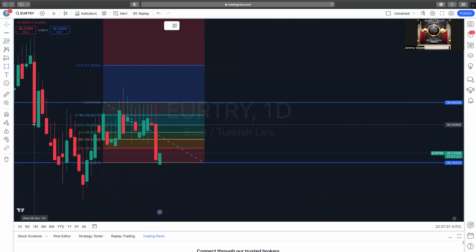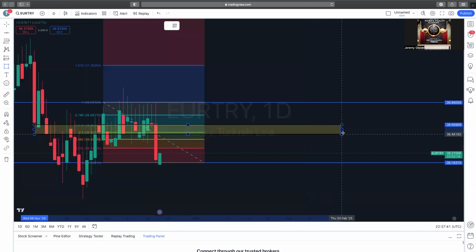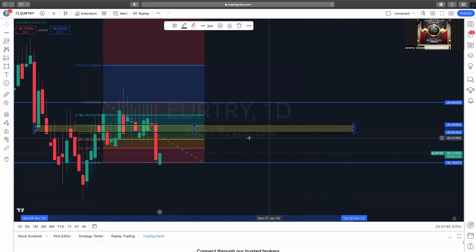So what we like to do is mark that zone. Where could price technically come to? Now, mind you, price doesn't always come up there, but the majority of the time it's going to come up to this golden zone, tap it, and then sell or go the opposite way of where it's going, because this is considered a pullback, meaning it's going against the trend.